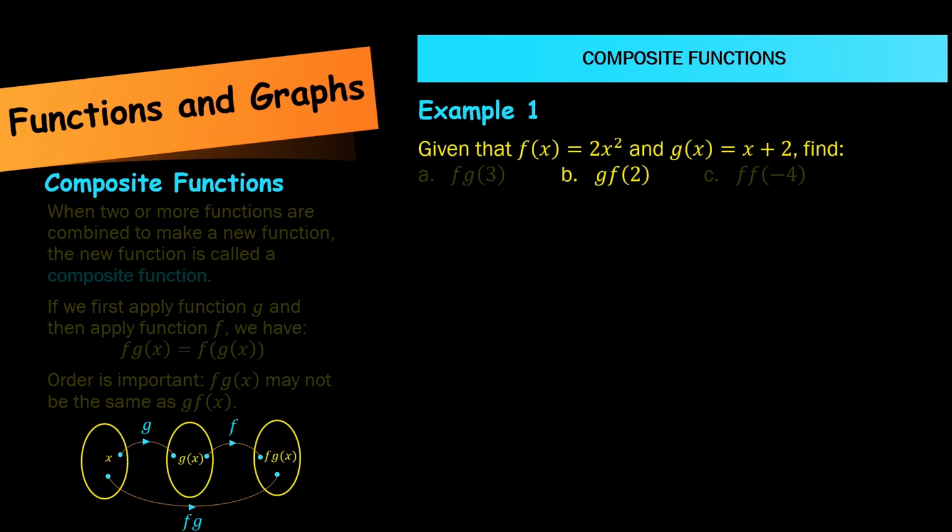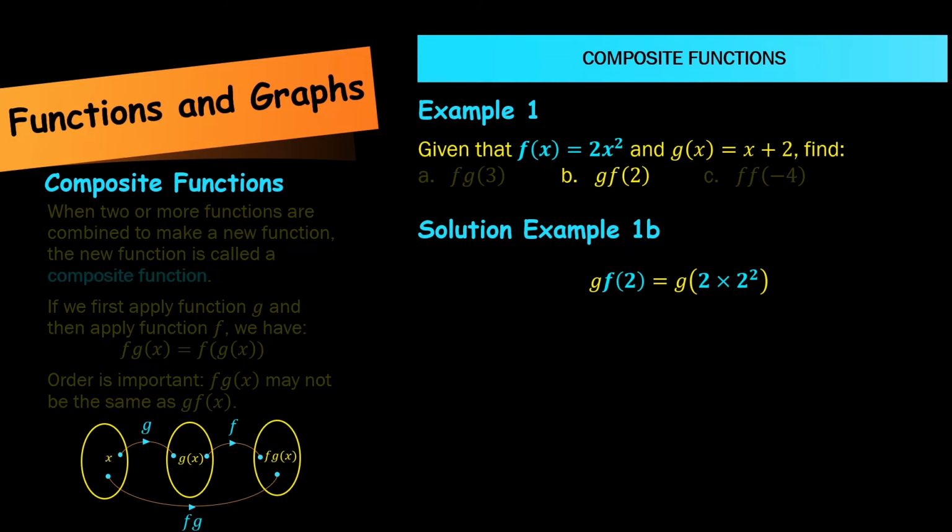Now for part B. We are required to find gf of 2. So we plug in x equals 2 into the formula for f of x, which is of course 2x squared. And plugging in x equals 2, we obtain 2 times 2 squared.